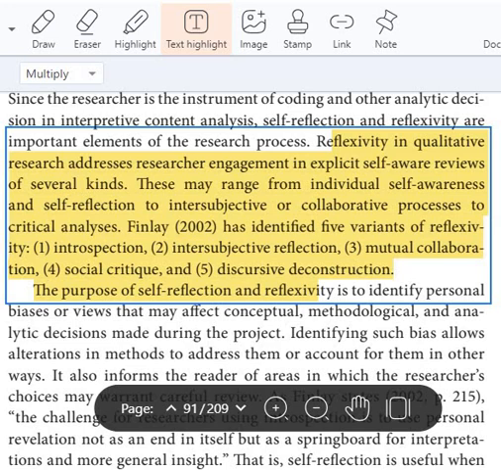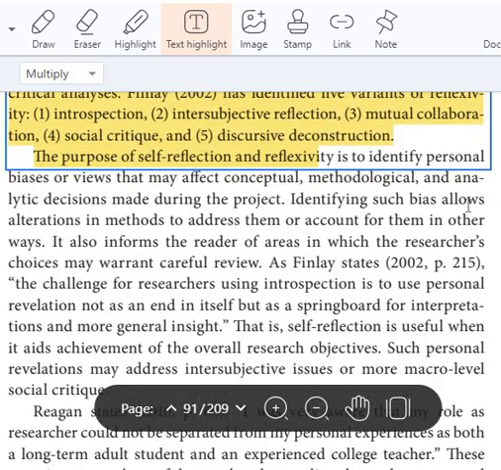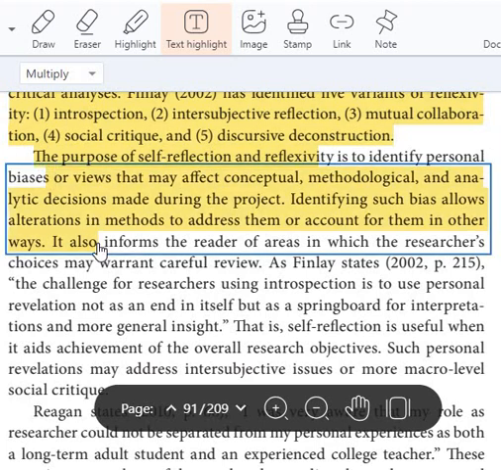What do you think is the purpose of self-reflection? It is to identify personal biases or views that may affect conceptual, methodological, and analytic decisions made during the project. Identifying such bias allows alterations and methods to address them or account for them in other ways. So here in interpretive content analysis we don't have this, okay?